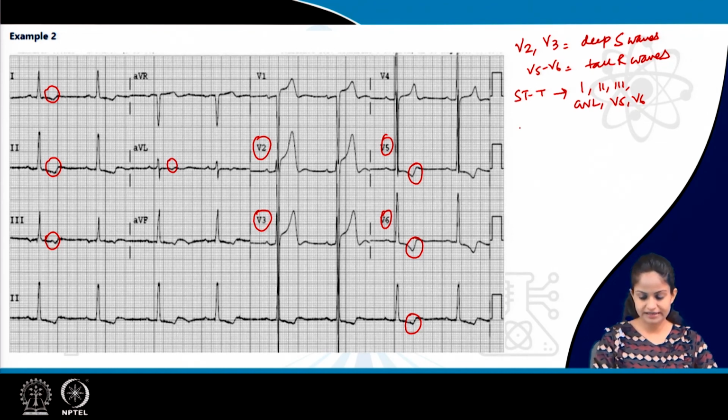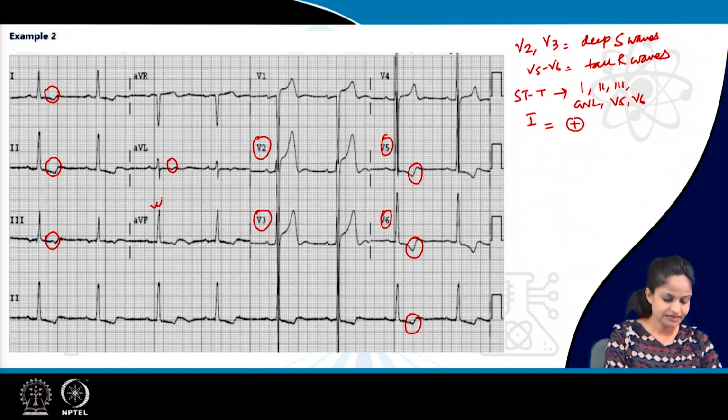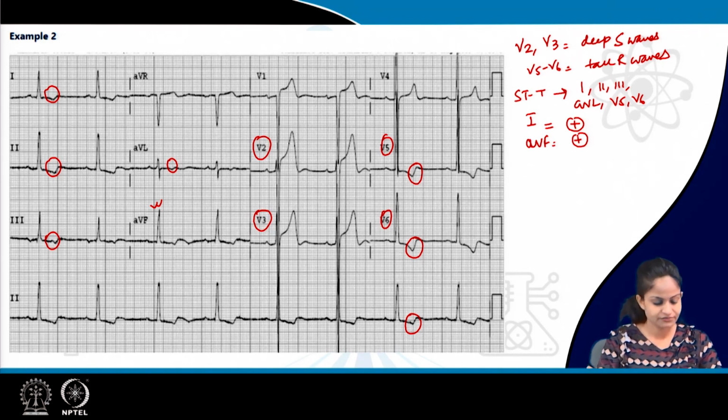And now the axis: lead 1 is positive deflection, and lead AVF is also positive. So, both are in positive directions.